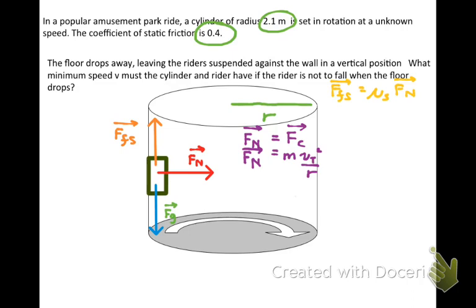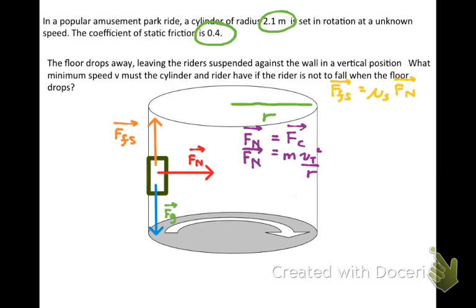Well, the force of friction, we're relying on this to keep the rider in the ride. Right. So if the force of friction is not enough, the force of gravity is going to cause the rider to fall out.